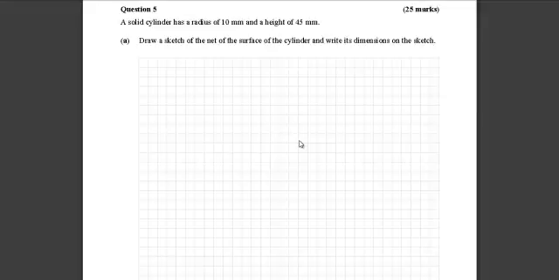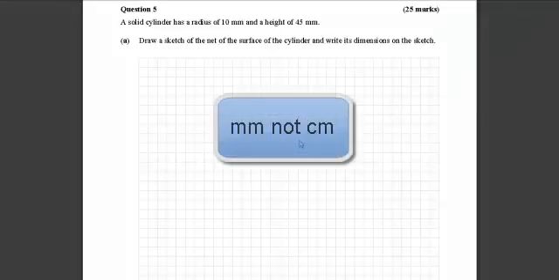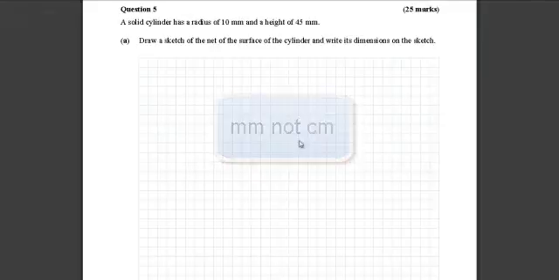So you have a solid cylinder with a radius of 10 millimeters and a height of 45 centimeters. So with a net, it's kind of like the wrapping up paper of the surface.